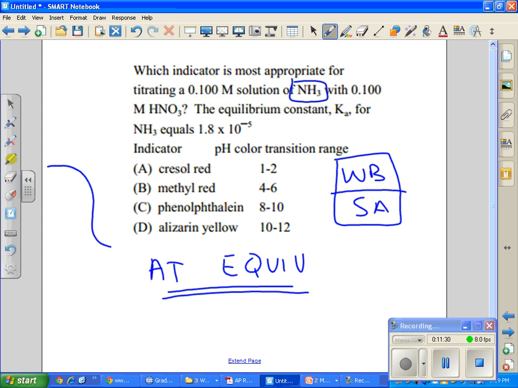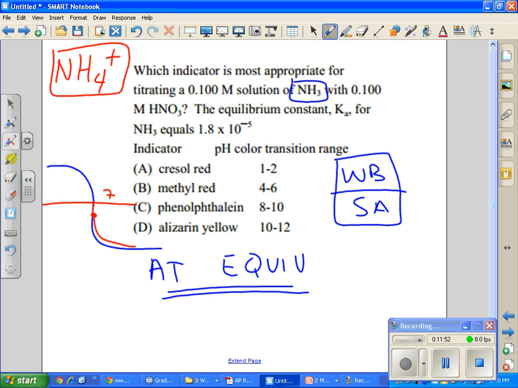The curve would look like this, go down like this. Here, that would be the actual equivalence point, somewhere around here. It's going to go down more like this. This is going to be 7 right here. The equivalence point is going to be below 7. Why? Because if you titrate NH3, at the end, when you completely cancel it out, you leave NH4+ in solution.